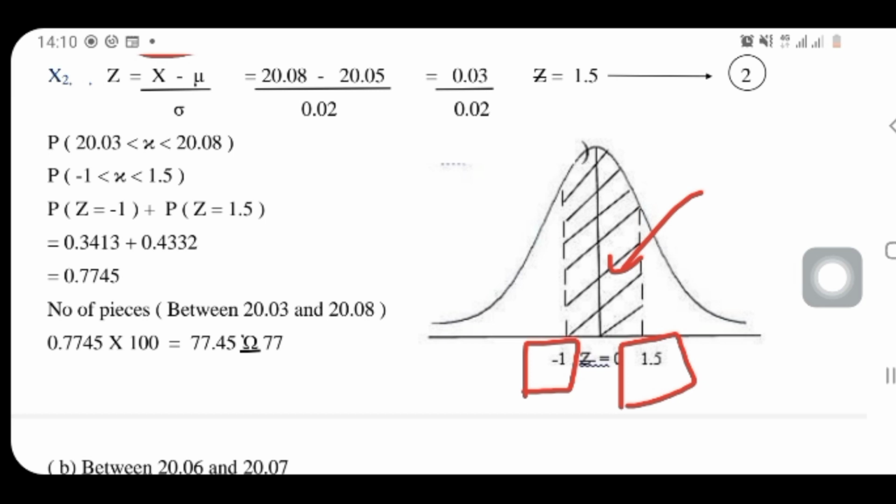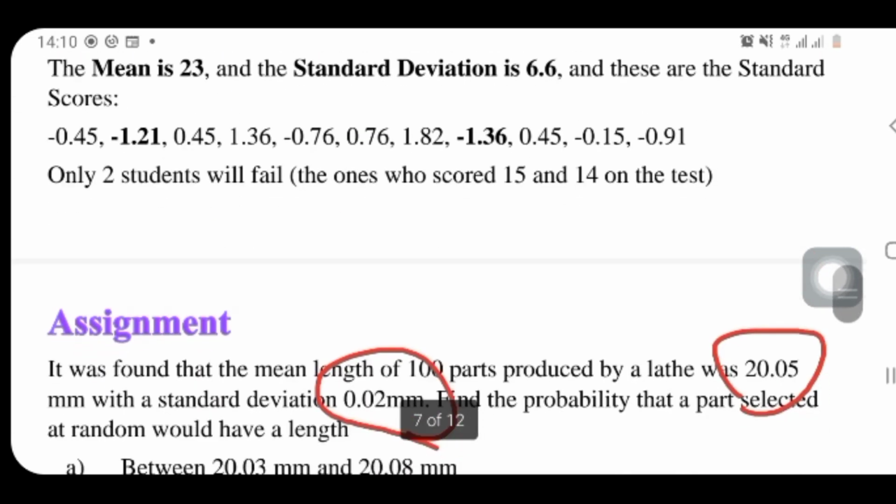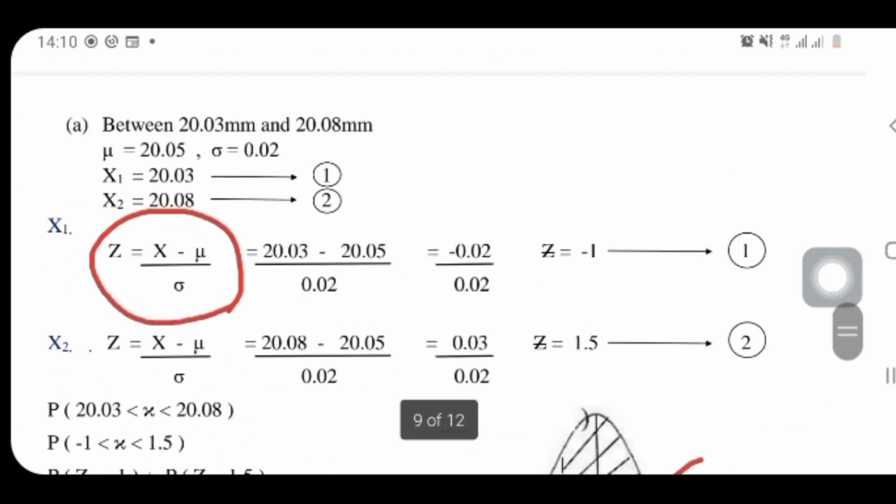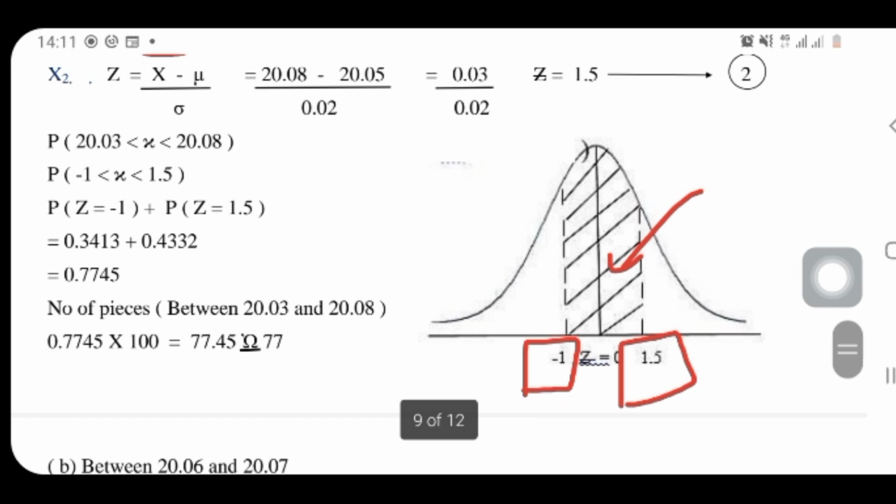I used the normal distribution table and took the values related to -1 and 1.5 as 0.3413 and 0.4332 respectively. After summing these values, we get 0.7745. Then we have 100 pieces here, and I'm going to find the probability of these lengths.